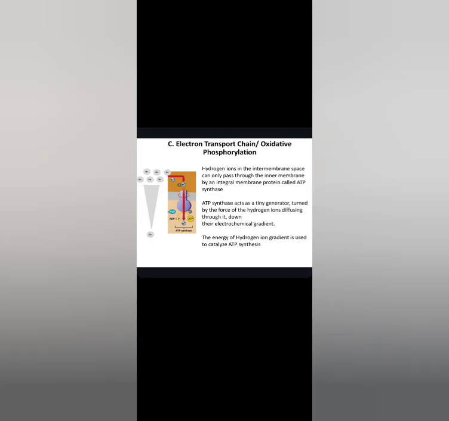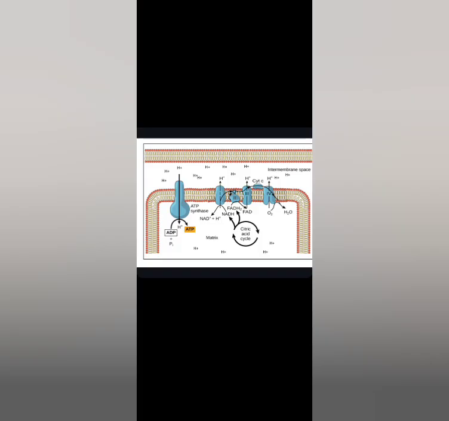Basically, again, ATP synthase acts as a windmill, as a turbine. The hydrogen ions move down their concentration gradient, creating a physical force that the enzyme uses to make ATP. The last two slides before the workshop, I already explained this. Yes, this is a summary of what I just explained.